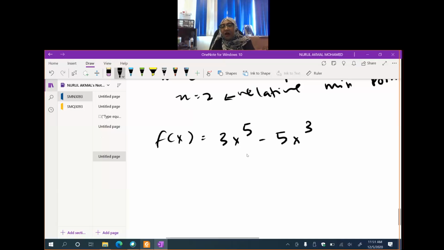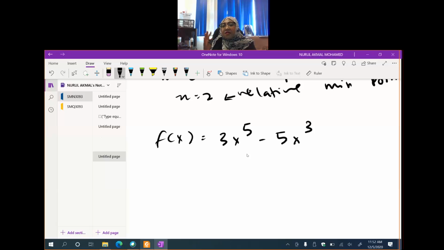Normally the first thing that we have to do is to use the first derivative test before we go to the second derivative test. This is just a polynomial, so we won't have a problem with corner points because it's always continuous.